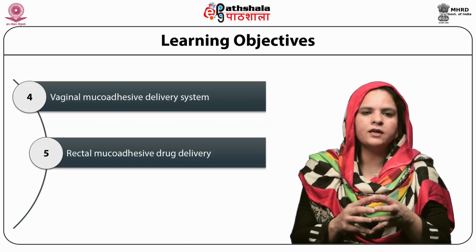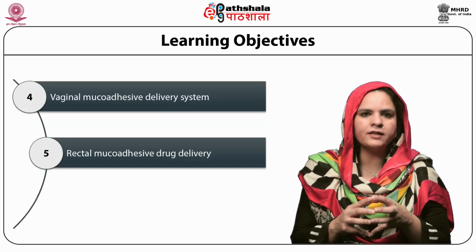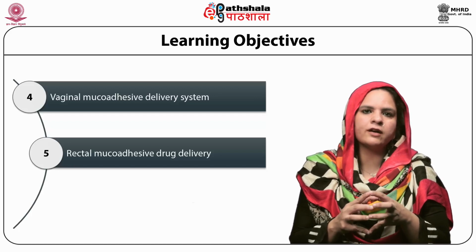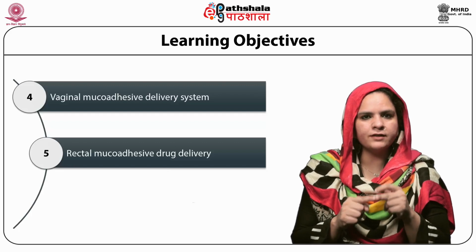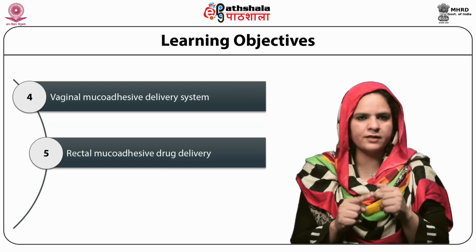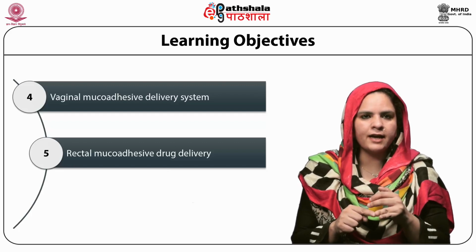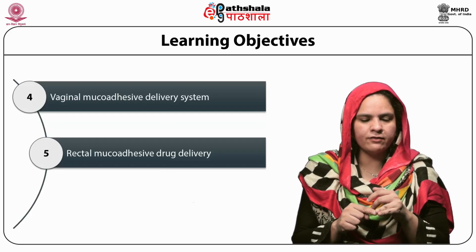In this module, the learning objectives would primarily focus on first talking about the types of the MDDS. Then we will focus on the first type, that is the ocular drug delivery system, moving to the next type, that is the nasal mucoadhesive drug delivery system.